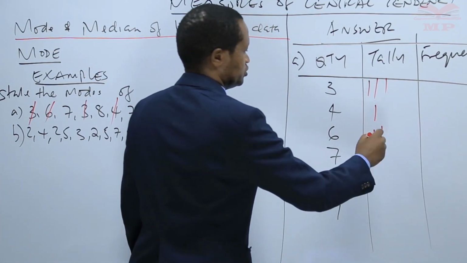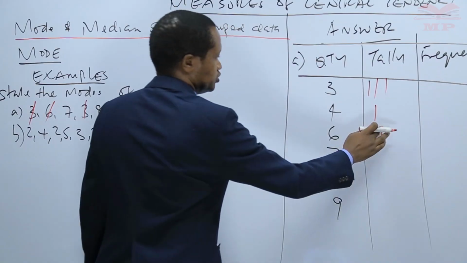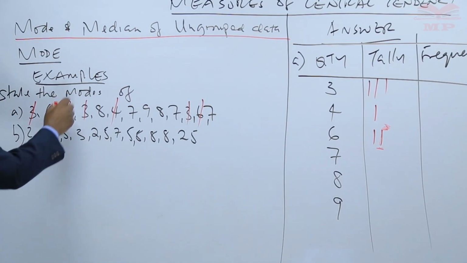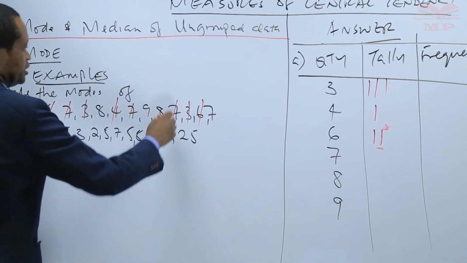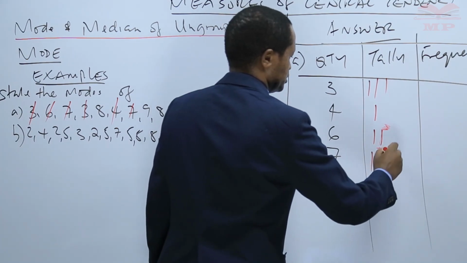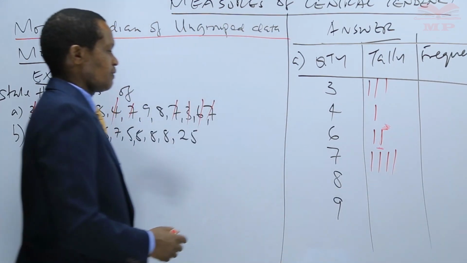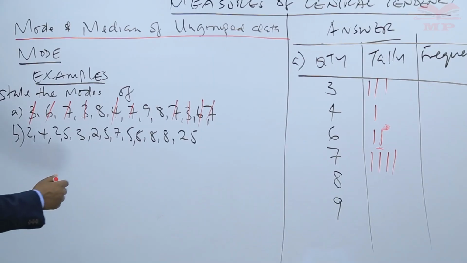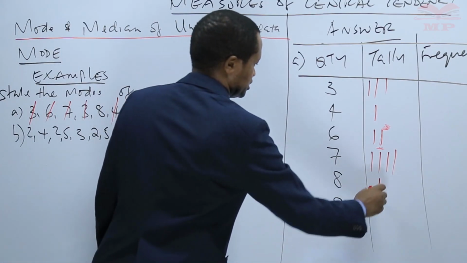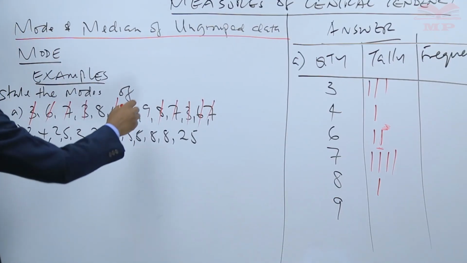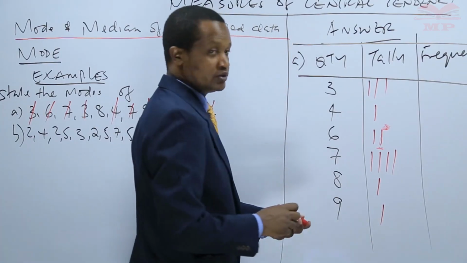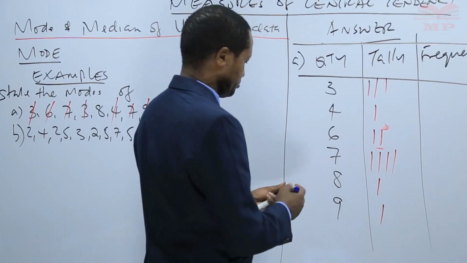Then number 7, 1, 2, 3, 4. Then 8, how many tallies? Only 1. Then 9, you also have 1.